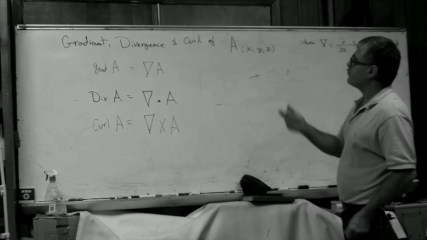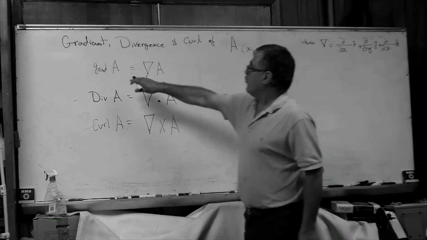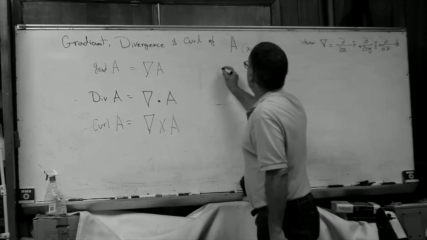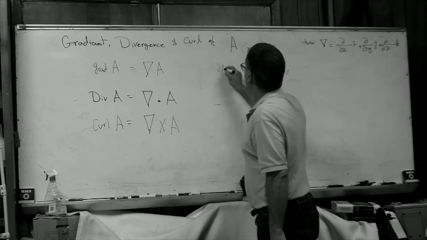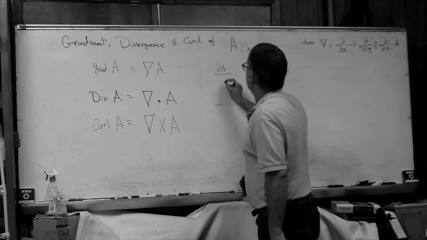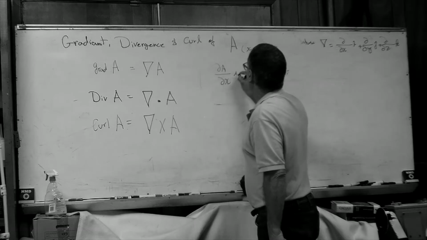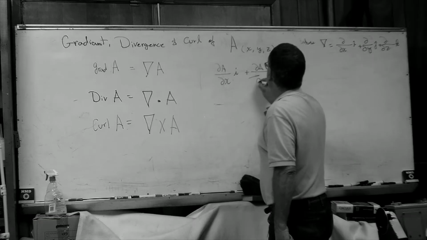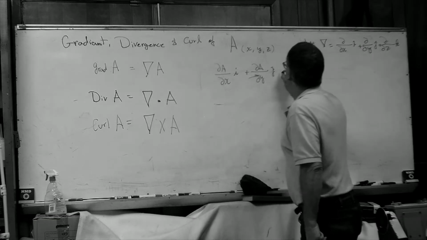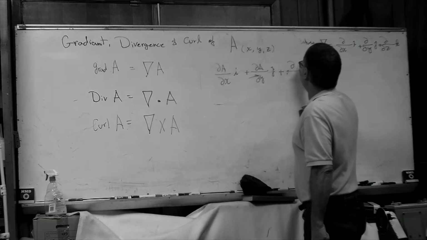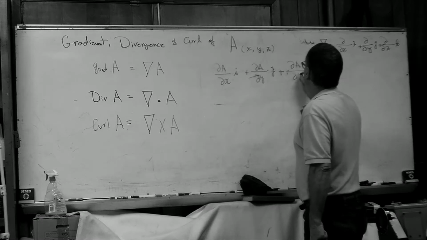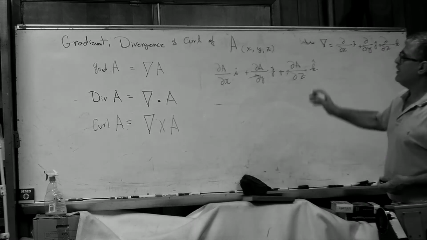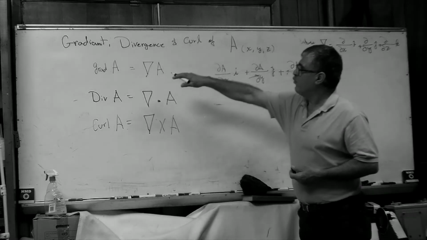So the grad A, del A, will be partial derivative of A with respect to x i plus partial derivative of A with respect to y j plus partial derivative of A with respect to z k. So this is the value for the grad A.